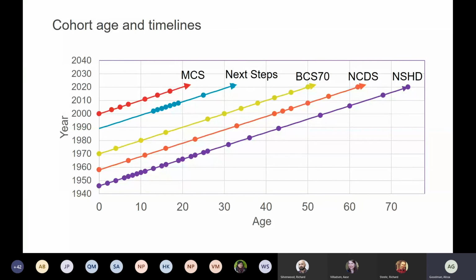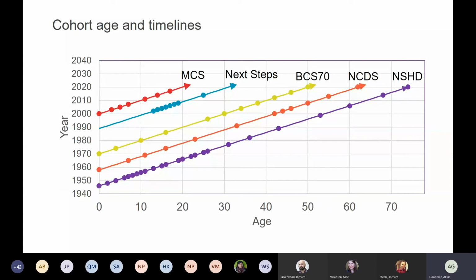So you can see for each of the studies along the x-axis, the age, so a life cycle, age from birth onwards, and on the vertical axis a year. And you can see for each of the data collections, essentially the blobs are, for each of the studies, when we've had major data collections within each study, and the age and year in which those have been.